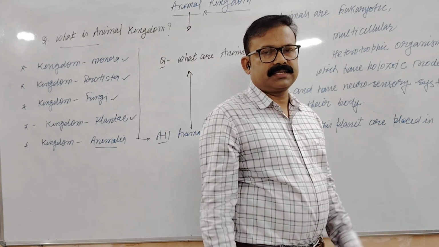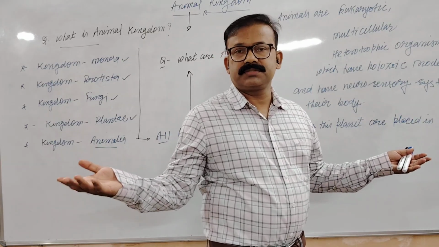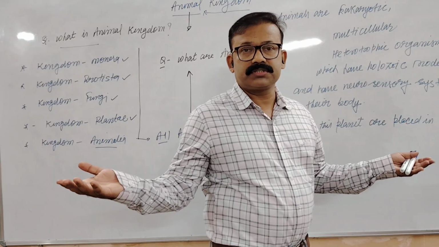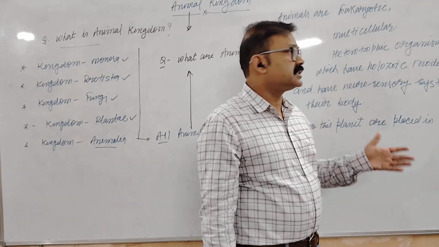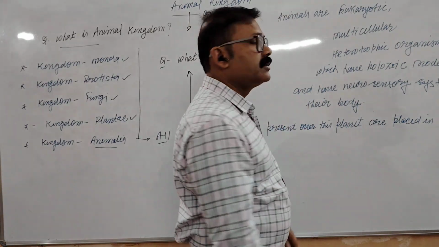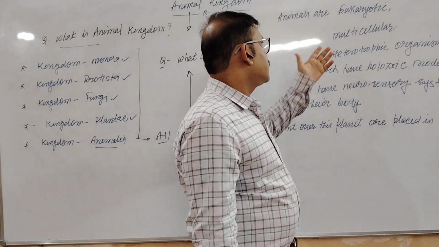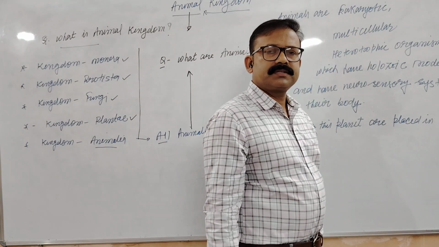You may find certain unicellular organisms like amoeba, where the holozoic mode of nutrition is present. You have studied in class 10th the holozoic mode of nutrition in amoeba. But amoeba are unicellular, so they are not placed in the animal kingdom, they are placed in kingdom Protista. You may say, sir, fungi are also eukaryotic, multicellular, heterotrophic.